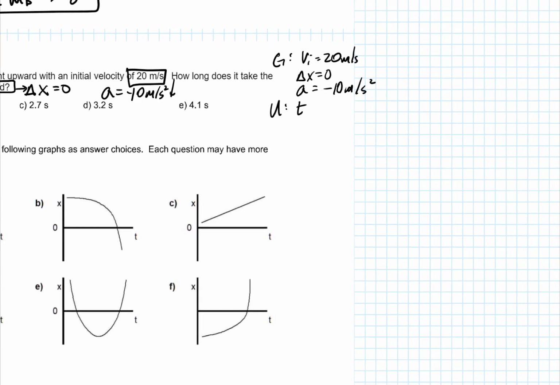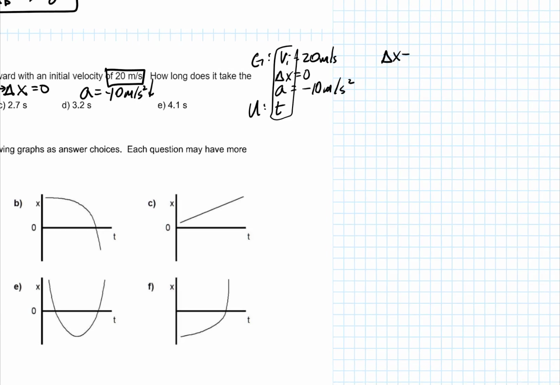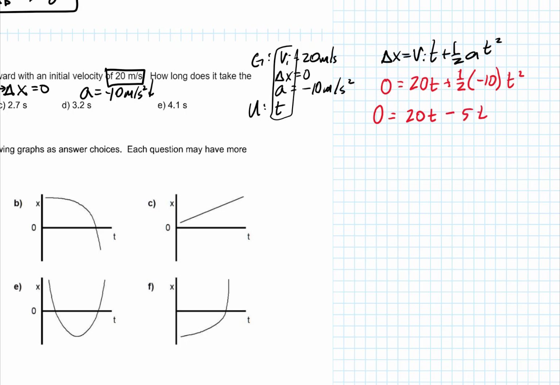So we want the time, and we want the equation that has all these things in it. Well, that equation is delta x is equal to v initial times time plus 1/2 at squared. If we plug in all of our numbers, we get 0 is equal to 20t plus 1/2 times -10 times t squared. So I get 0 is equal to 20t minus 5t squared. I think it's going to be easier to see if I move that 5t squared over.